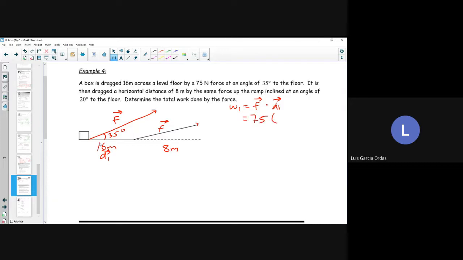I multiply that by my distance, 16, multiplied by cos 35. So I get 75 times 16 times cos 35, which gives me approximately 982.98 joules. This is the amount of work done in the first 16 meters.